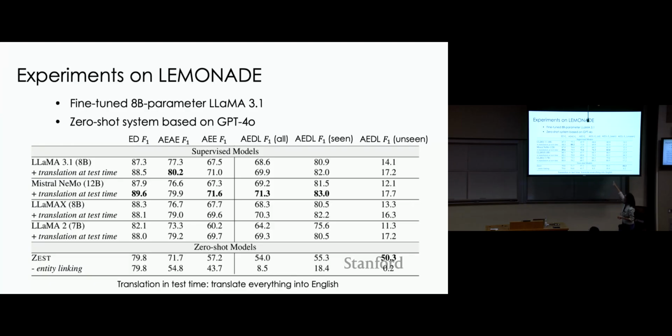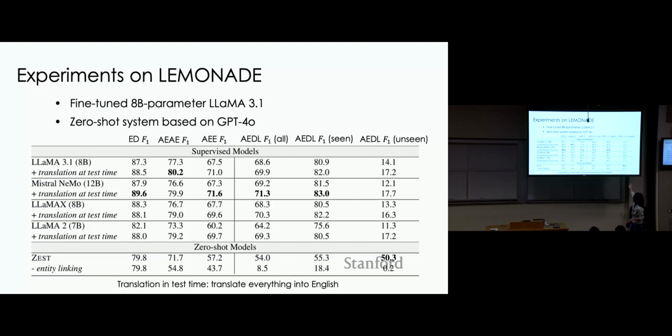So I would say that the bottleneck is still the entity linking. If you have seen the entity before, it looks pretty good, and it is better, obviously, for the fine-tuned version. But if you have an entity that has never been seen before, boom, it goes down to pretty low numbers.